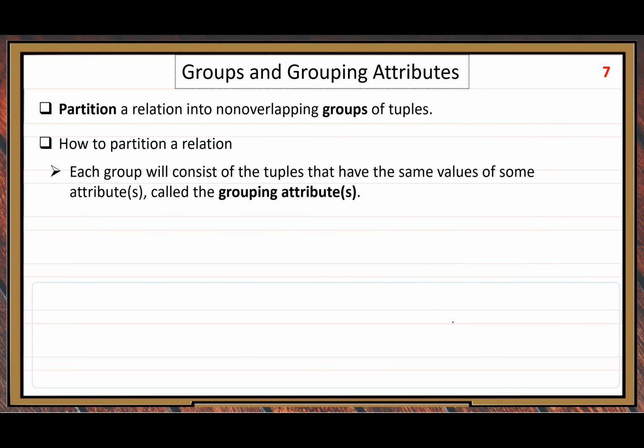How to partition a relation? Each group consists of the tuples that have the same values of some attributes. Sometimes you use one attribute to define a group, so each attribute value defines a subgroup. But sometimes you may need multiple attributes to define subgroups, called the grouping attributes.